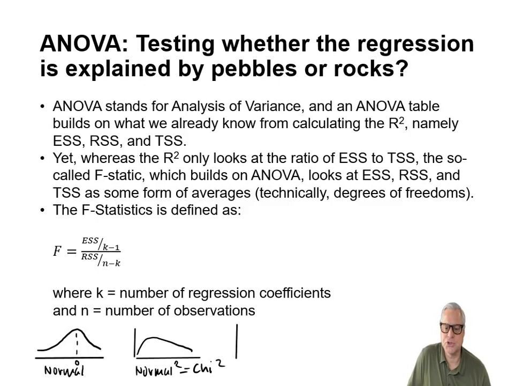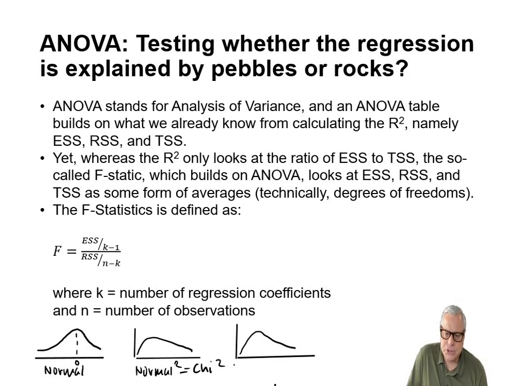An F distribution can also have different shapes, it can look like this maybe, and it depends on the degrees of freedom. The greater the number of coefficients, the greater the number of observations in my sample, the greater the n, the more it looks normal.